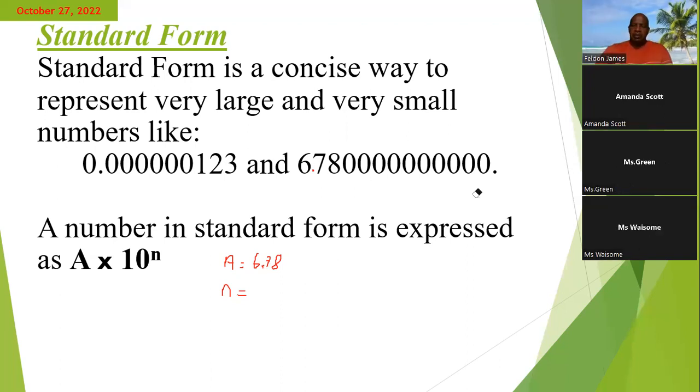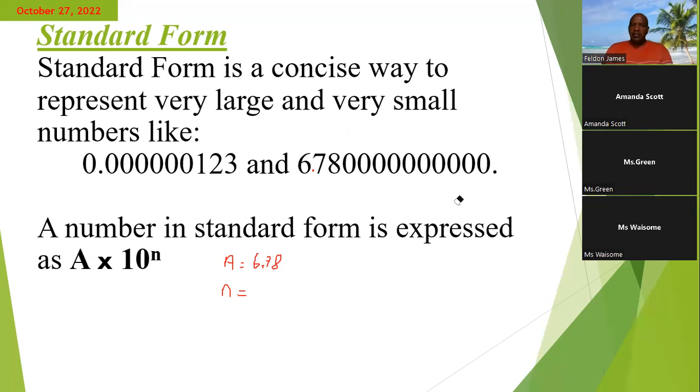All right, so once you have whole numbers, and by now everybody should know this, for a whole number, the decimal point would be at the end of the number. Because in our decimal system, after the point, we would have the fractional part.